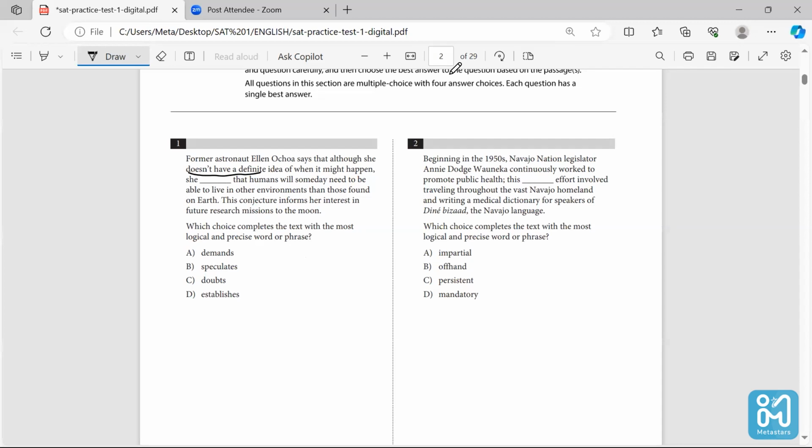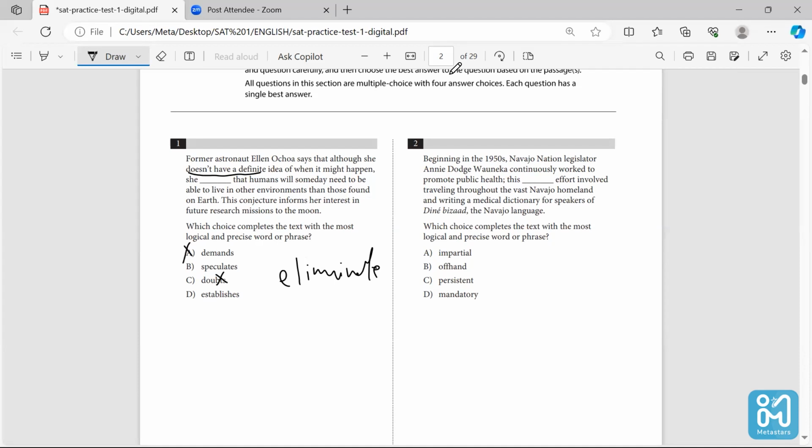Now, if I need to cross out the negative meaning, which one do I cross out first, Ali? Doubts. Thank you so much. And what else? The second one is a technique of elimination, right, guys? We need to eliminate any irrelevant answer. Demands, I think, right?